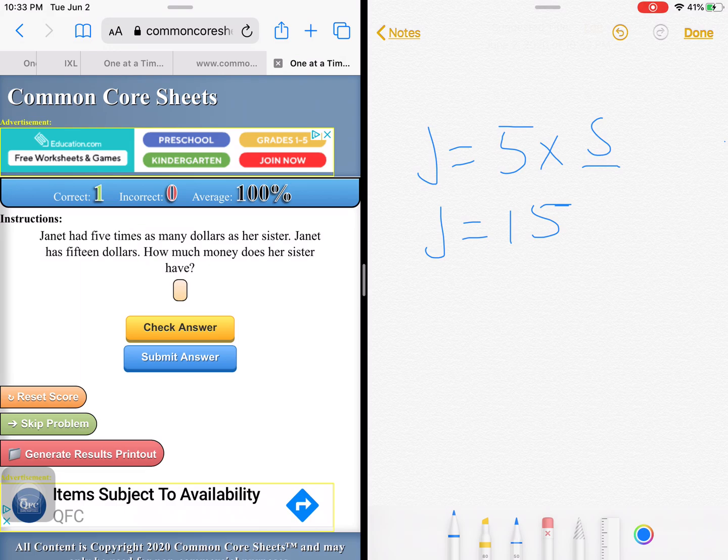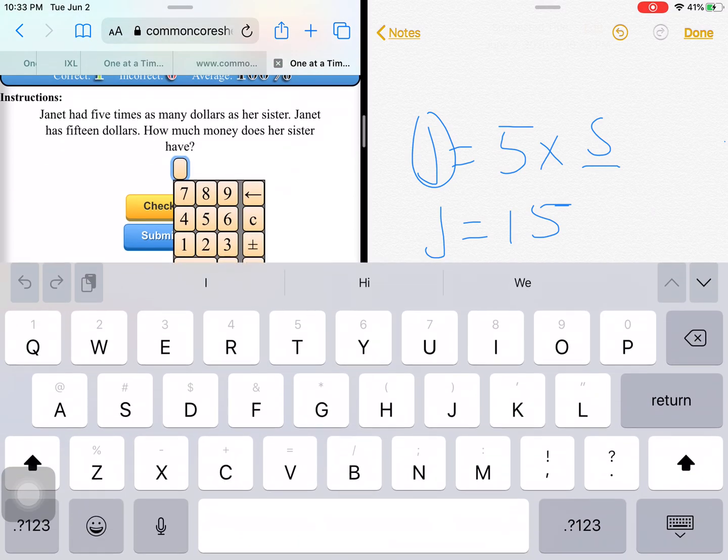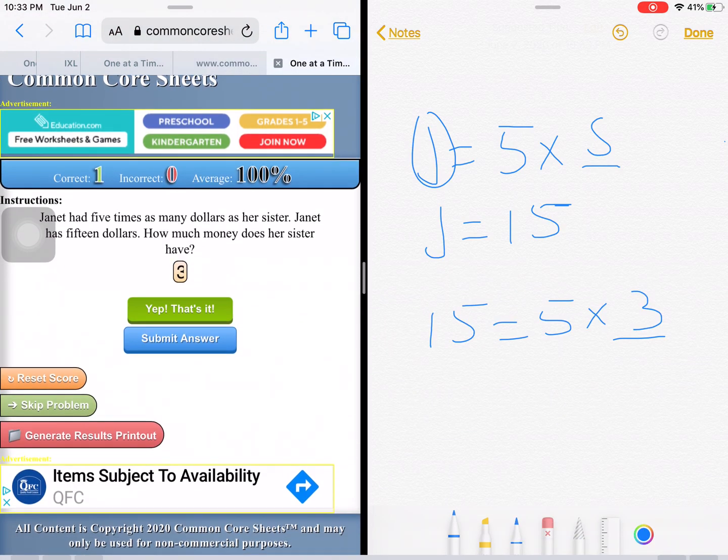How much money does her sister have? So I can replace this J with 15 equals 5 times blank. So 5 times blank equals 15. I know that 5 times 3 equals 15, so her sister should have 3.